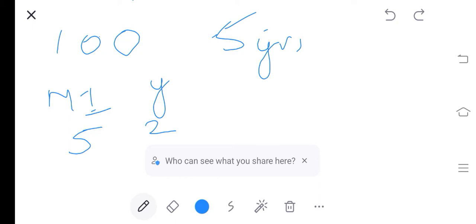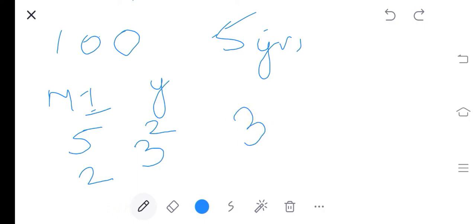Then at the end of third year, 2 people developed MI. And at the end of 5 years, 3 people developed MI.